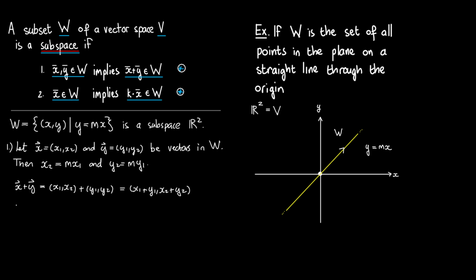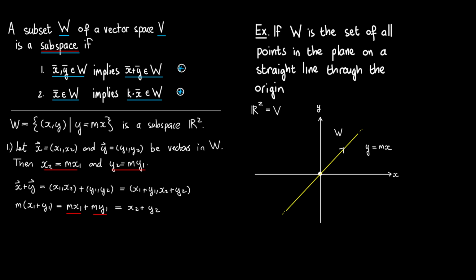So let's check. If I take m times (x1 plus y1), that's algebraically equal to m x1 plus m y1. And then by our assumptions here, we can replace each of these terms by x2 and y2. And so we get here the second component, x2 plus y2.